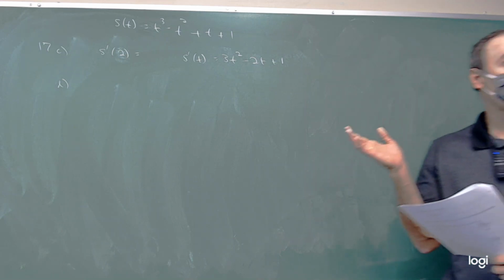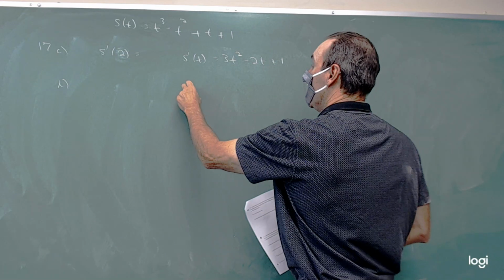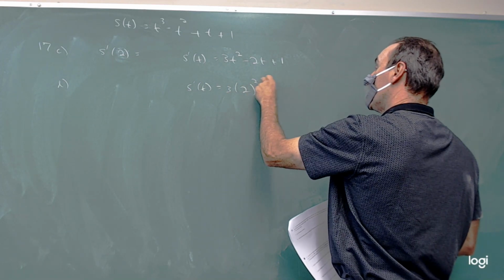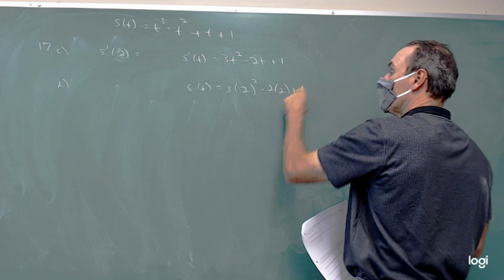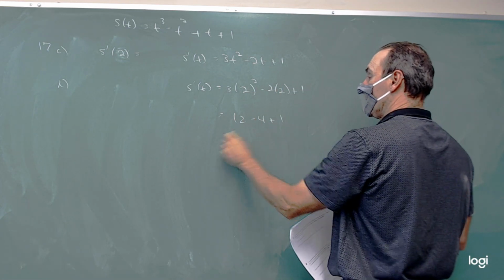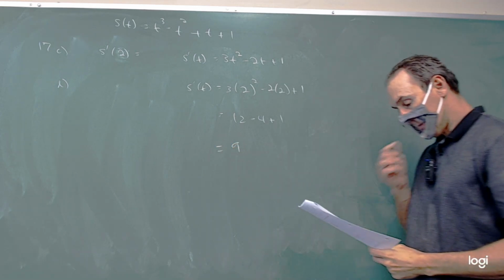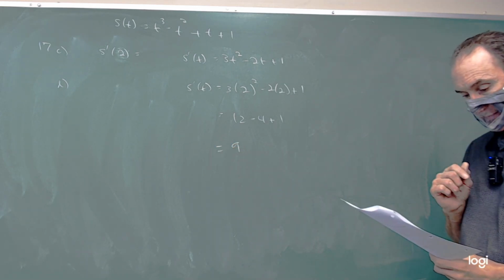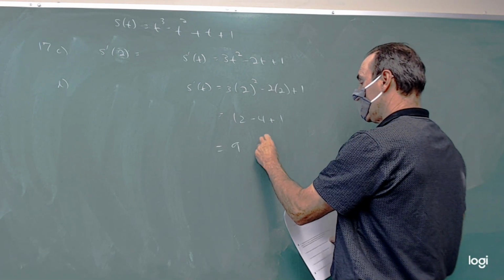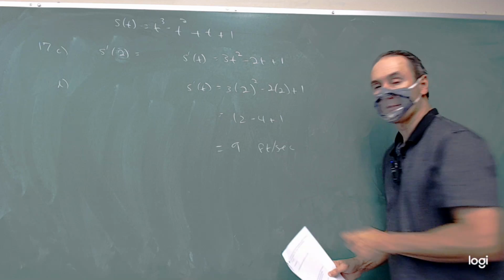And then you're just going to evaluate that at 2. It wants units too, so that's going to be 3 times 2 squared minus 2 times 2 plus 1. It's going to be 12 minus 4 plus 1, so that's going to be 9. And our units are going to be distance over time, so that's feet per second. Feet per second is our unit.